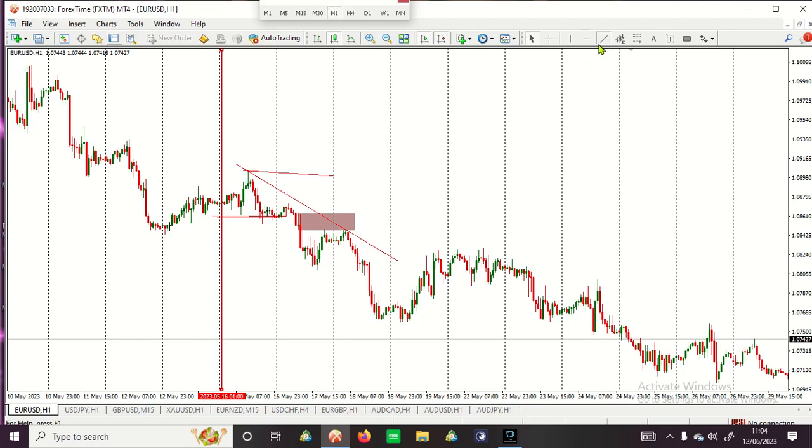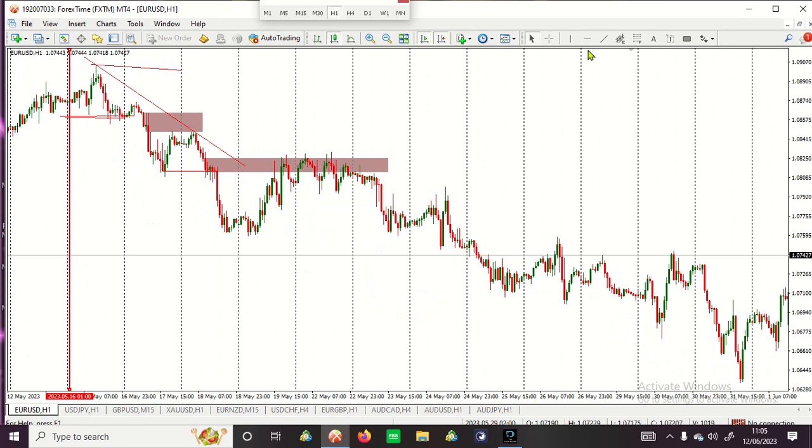You see from this day that the previous day low has been taken. You see this market took out this previous day low. What will you do? You mark out the order block that caused that break of structure. This is the block that caused it here. Then you wait for another day.